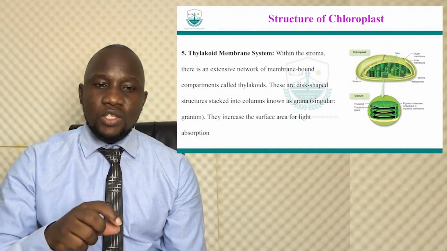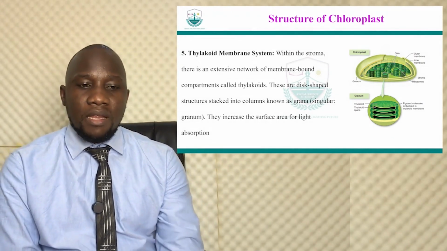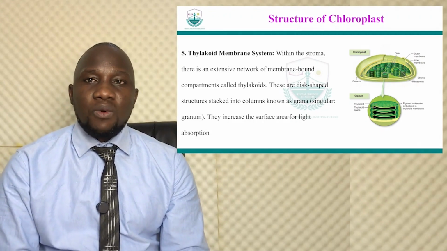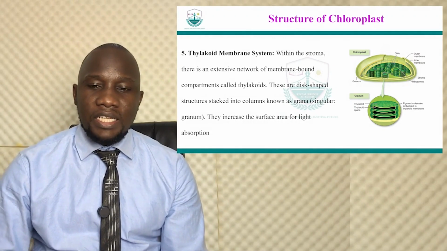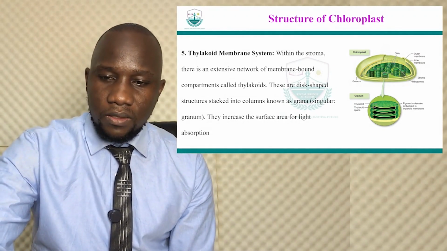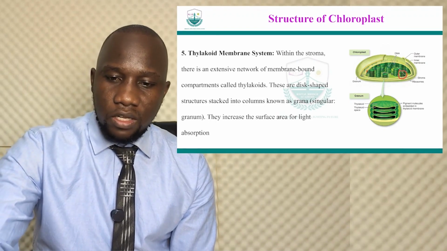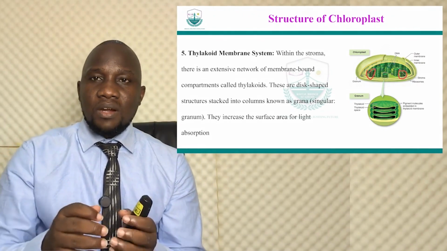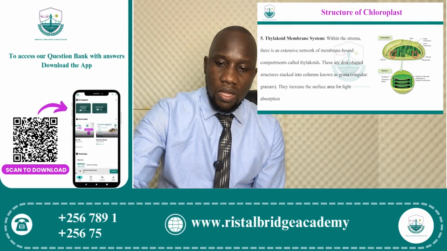It is a network of membrane-bound compartments that we call the thylakoids. The thylakoids are arranged in disc-like groups. What you see here are the thylakoids, and these groups are what we call the granum.